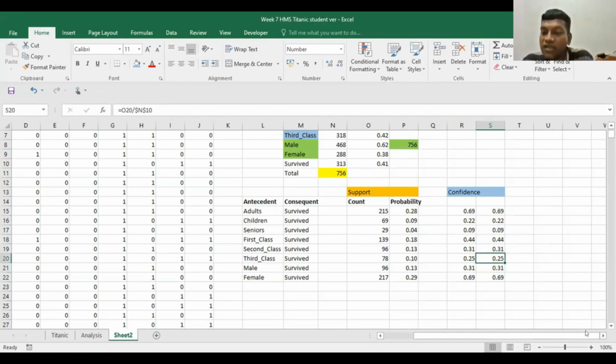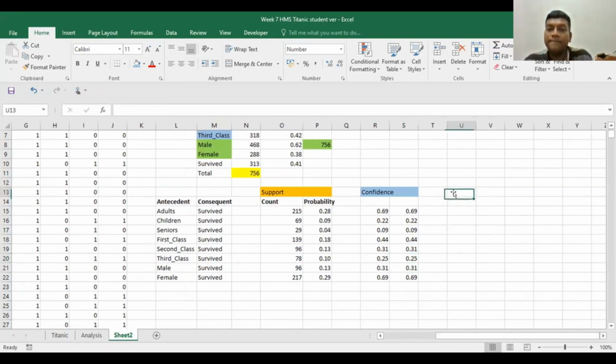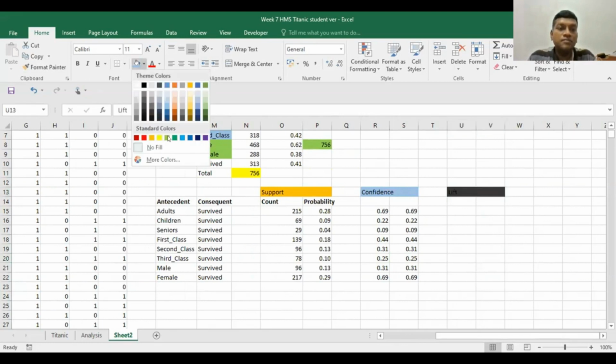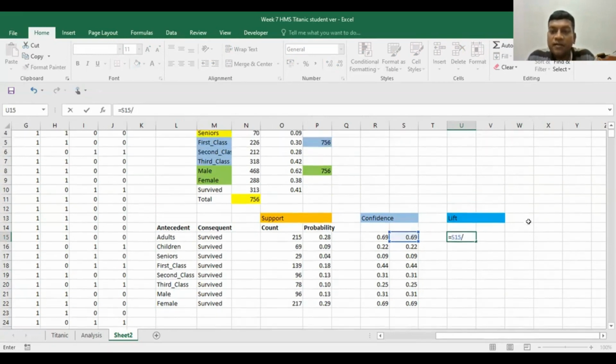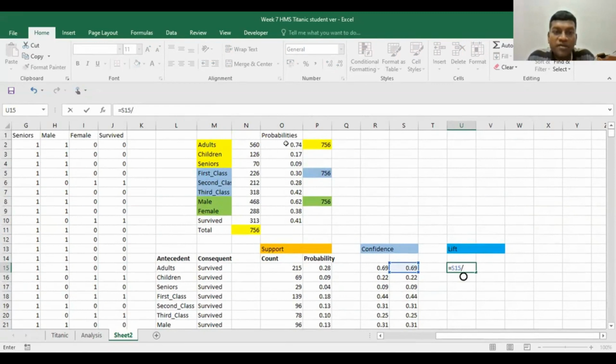Now let's look at the value of lift. The value of lift is nothing but the confidence divided by the probability of adults, which I pick from here.